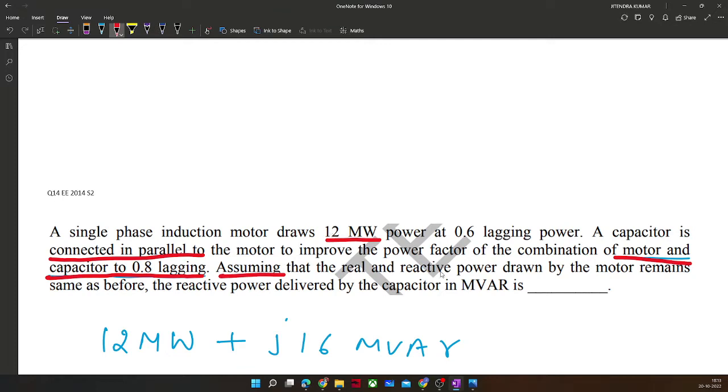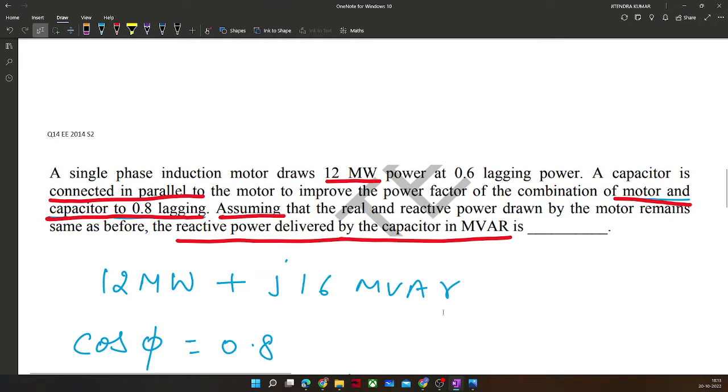Now we will have to see how much reactive power is delivered by the capacitor now. Okay. Now to improve power factor, we all know the capacitor supplies reactive power. So we will see how much reactive power is supplied by the capacitor. Okay. So earlier 12 megawatt power was supplied from the source, or the single phase induction motor was taking.